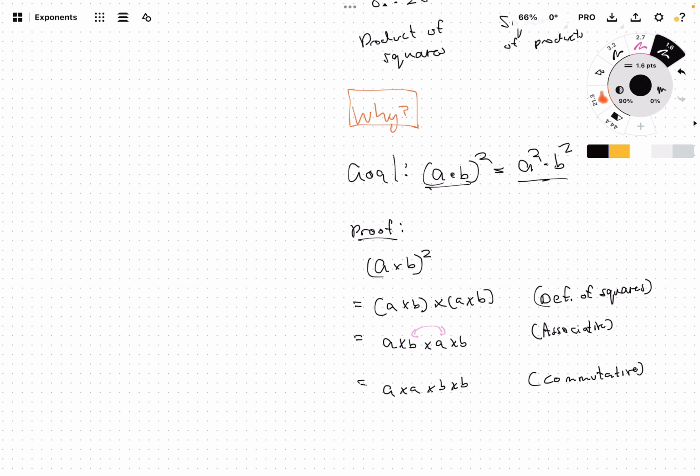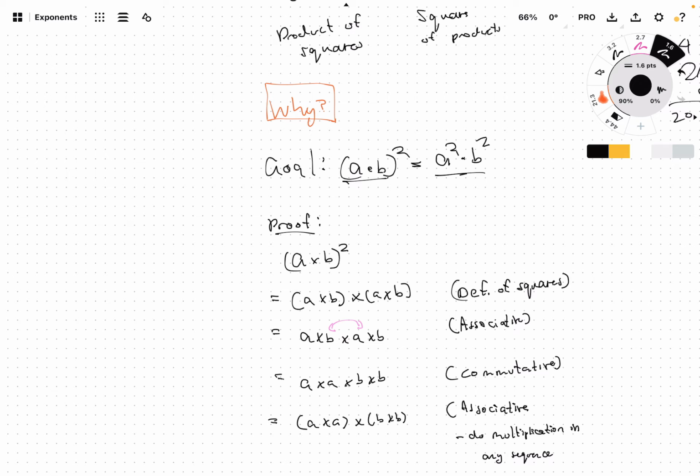And then again, since it's associative, we can also force any order we want. So let's say we do these two first, and then we also do these two on their own. So this is again associative, which basically means do multiplication in any sequence or any order.